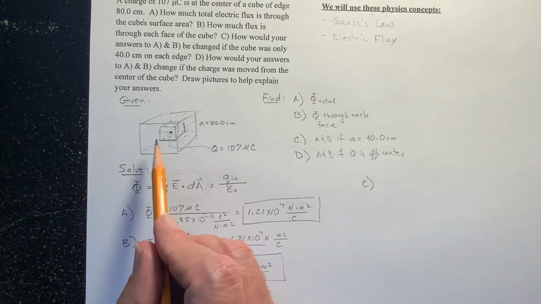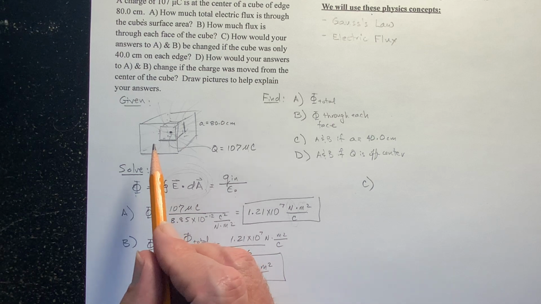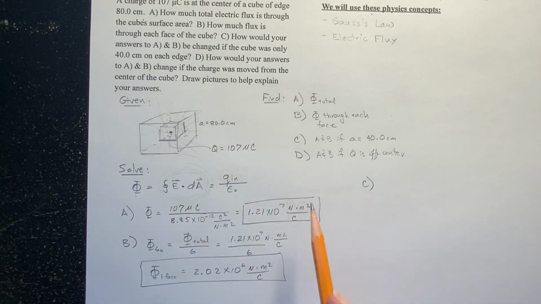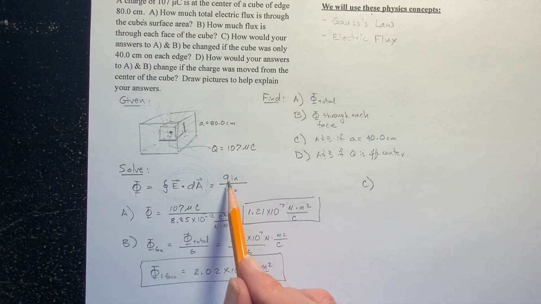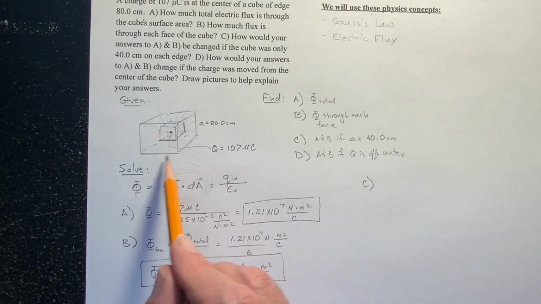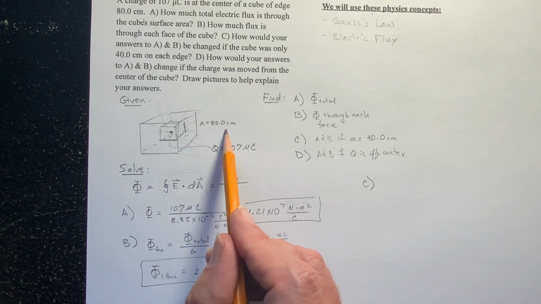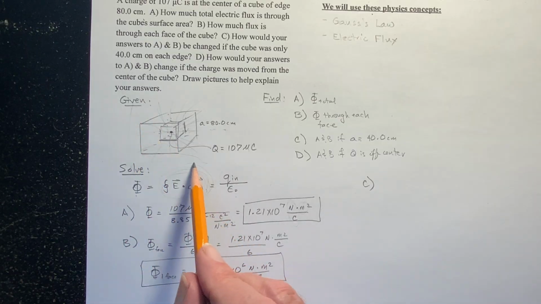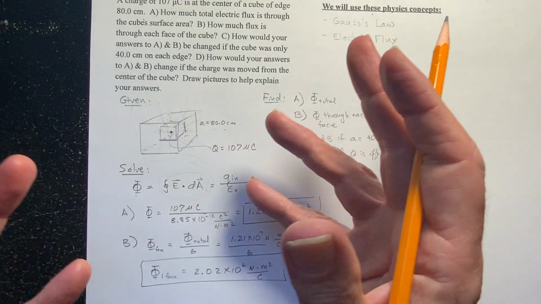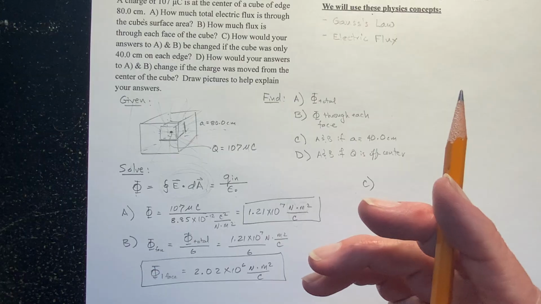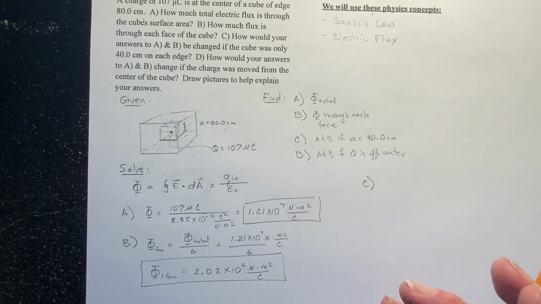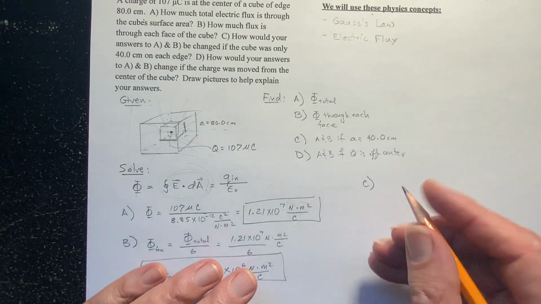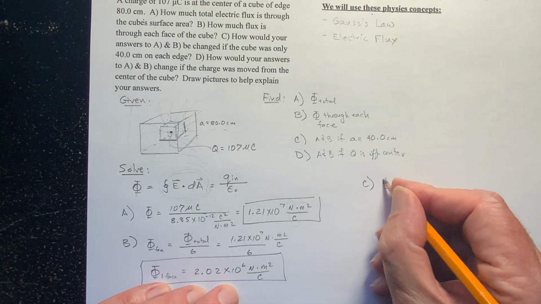It's got the same amount of charge inside. There's nothing in this equation that tells you how big. We didn't use this value. It doesn't matter. If I made a bigger cube, it would have the same amount of flux coming out of it. So the size of the edge doesn't make any difference to the amount of flux.